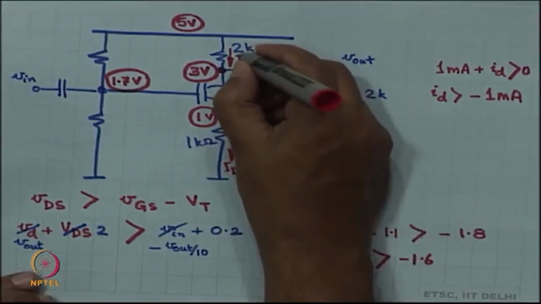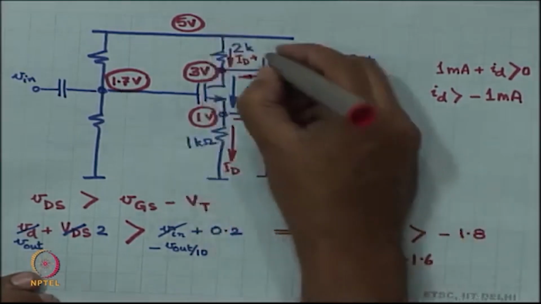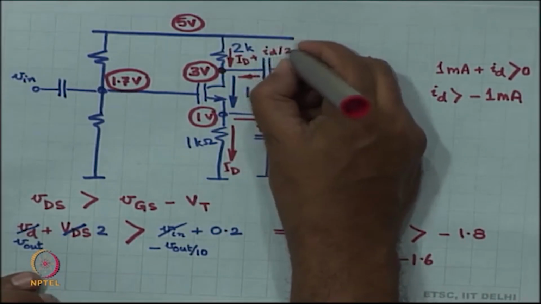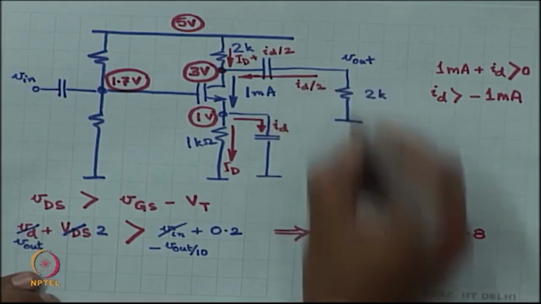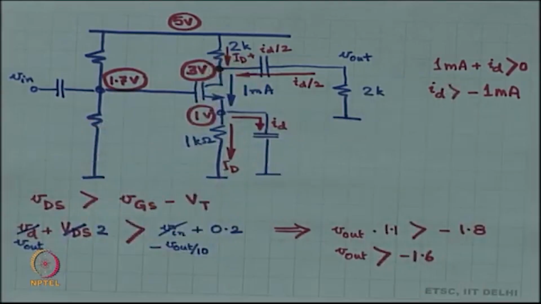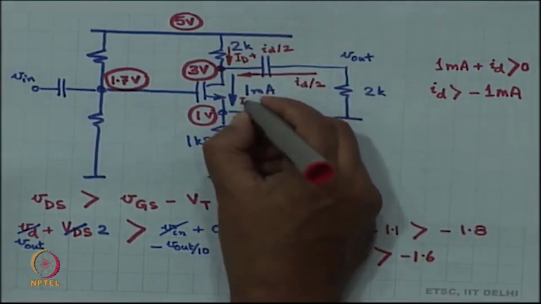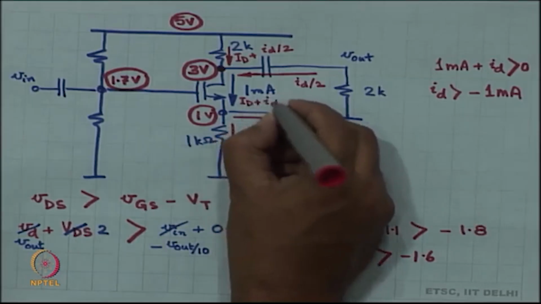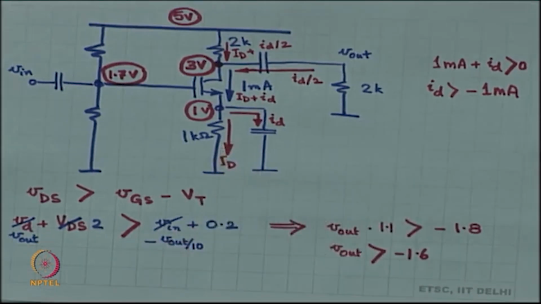So, this is capital ID plus the small id split is equal small id by 2, right, and this way the current is small id by 2, okay, because 2k and 2k, right. I am just trying to understand the situation. The net current is capital ID plus small id, which again splits up into the capacitor and the resistor at the source.